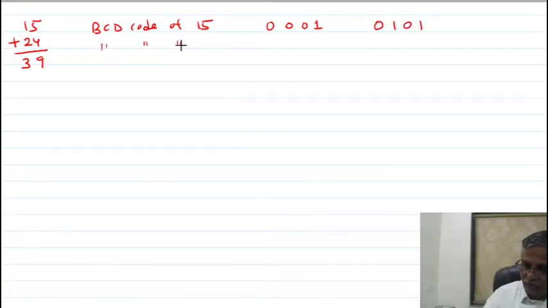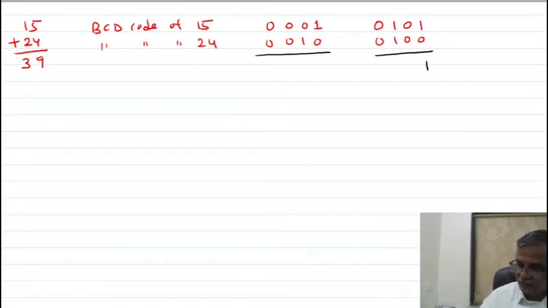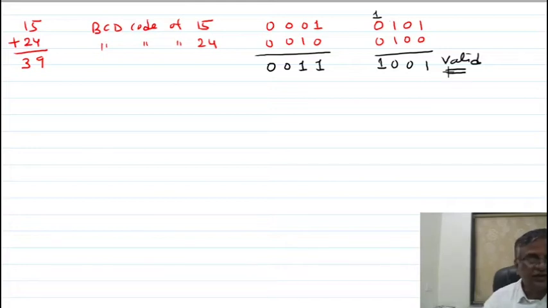BCD code of 24: for 2 I should write 0010, for 4 I should write 0100. Let us do the addition of this. So this is your valid code. So the answer is 0011 1001.